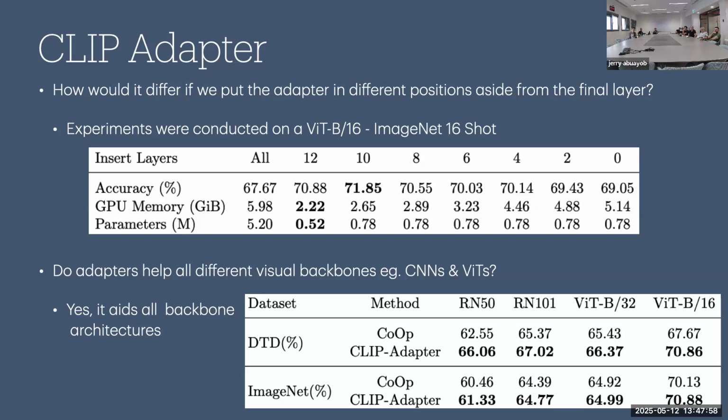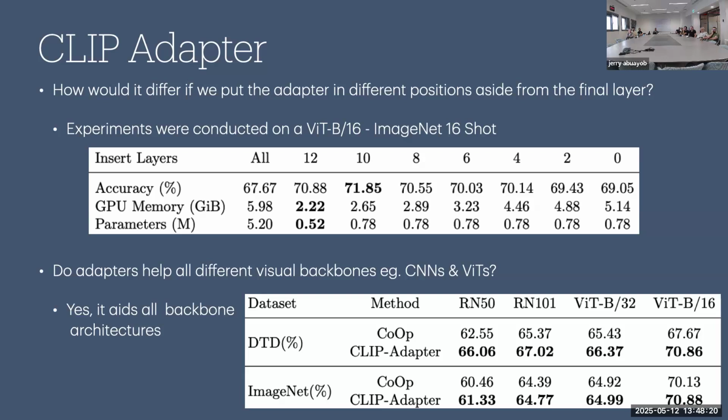So insert layers is after which layer we add the adapter. 2 is after the second layer, 6 after the 6th layer, and 12 is the final layer. Those are the results of the experiment, and all means we add after each transformer block.